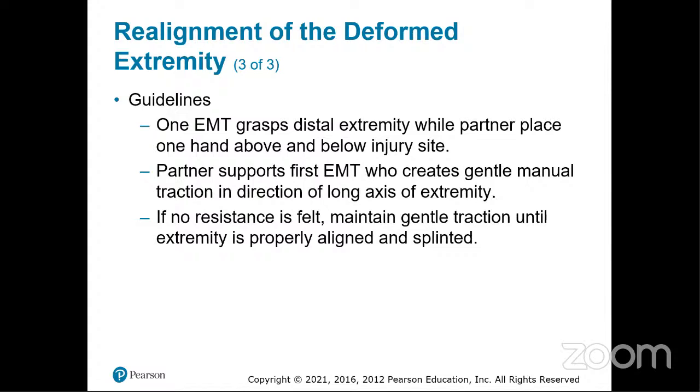So if my right arm's bent out to the right, I'm not going to keep pulling it to the right. I'm going to pull it back to the left, trying to bring it back into an anatomical position. If no resistance is felt, maintain gentle traction until the extremity is properly aligned and splinted.